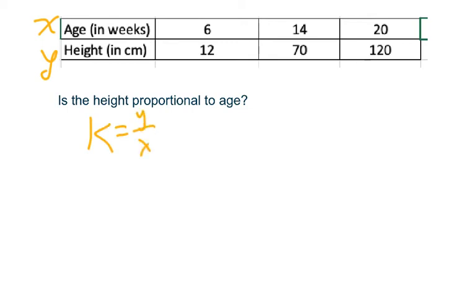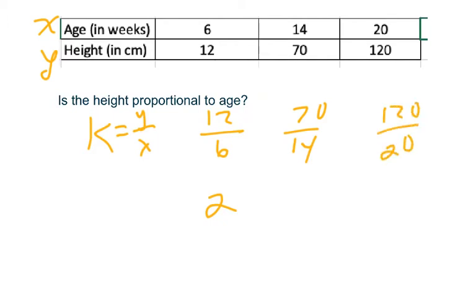And so if we take the y value of 12 divided by 6, that gives us 2. Y value of 70 over 14, and y value of 120 over 20. So the first one gives us 2. The last one here, if you divide that, the zeros cancel. 12 divided by 2 gives you 6. Right there we could stop because the 2 does not equal the 6.